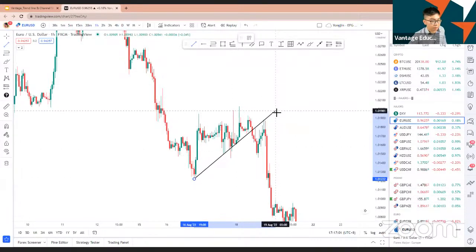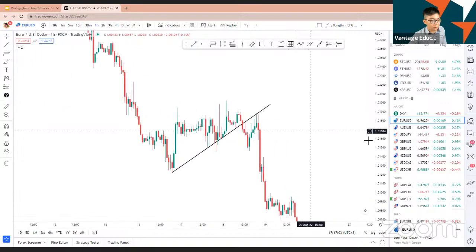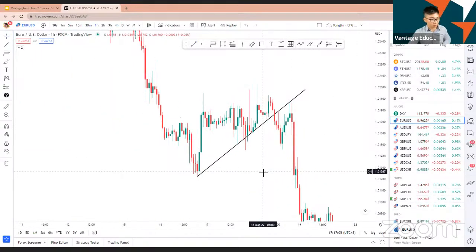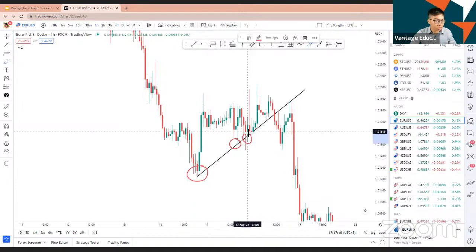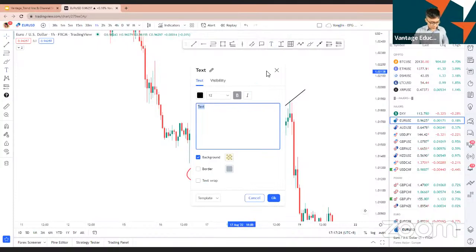So we find a best fit line. I can actually draw from the body, I'll show you guys in a bit. I'm drawing from the wick now. 1 touch, 2 touch, 3 touch, 4 touch, and price broke. So we have a nice trend line.